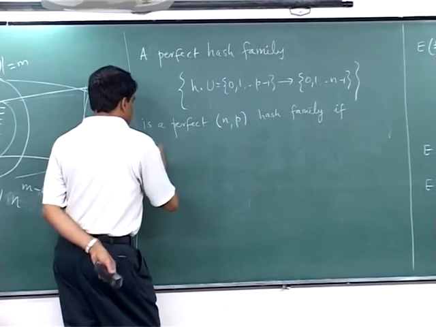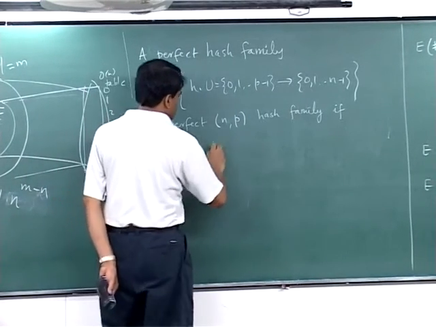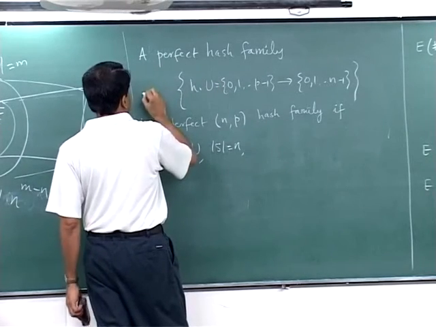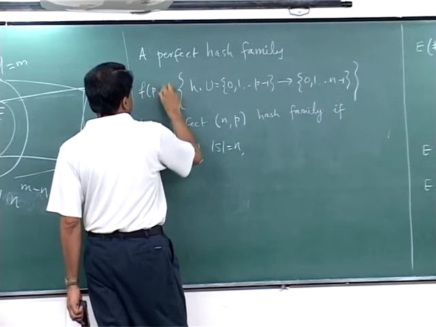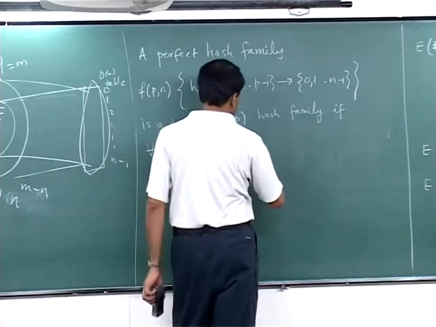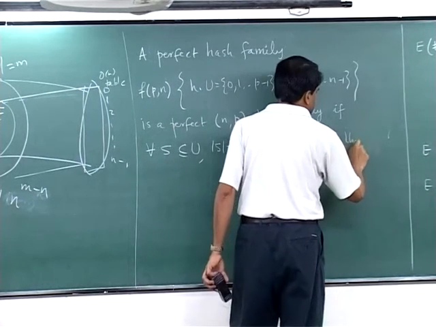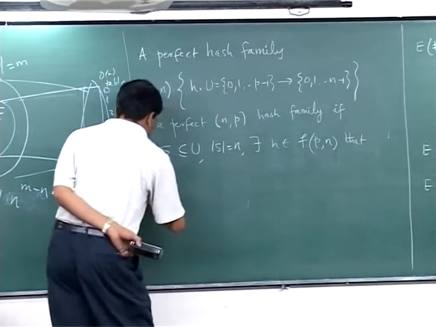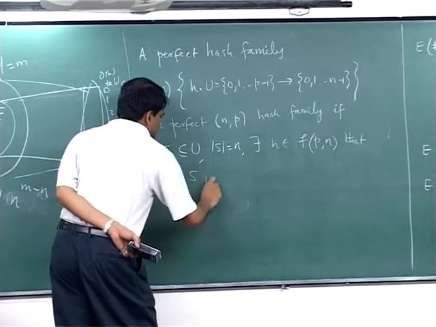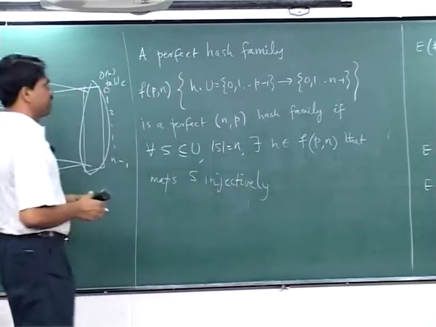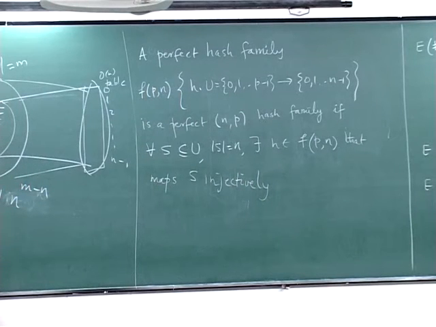If for every subset S contained in U such that its size is n, there exists an h in the family that maps S injectively.